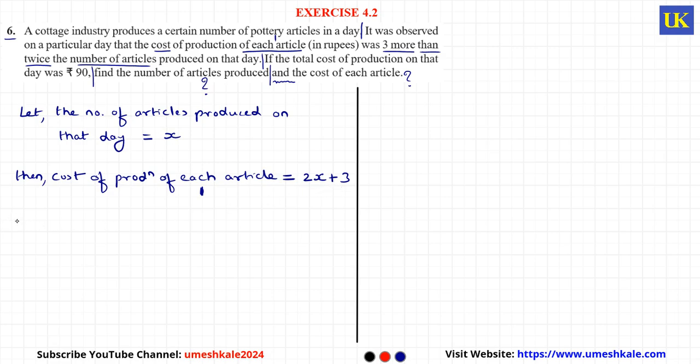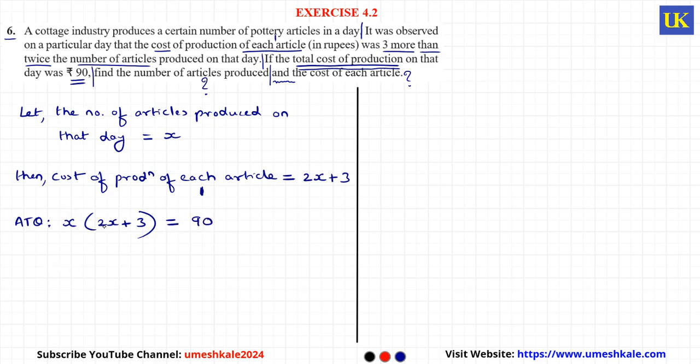So now according to the question, the total cost of production is how much? 90. The total cost of production is given as 90. So number of articles into the cost of one article, if we do, then it should be equal to 90, right?